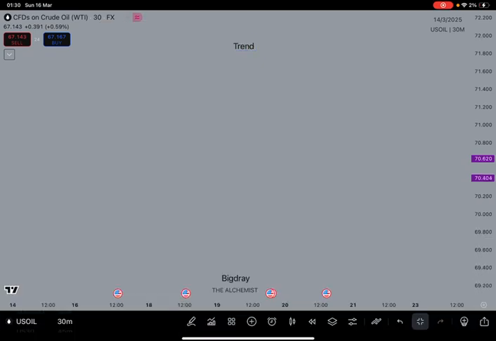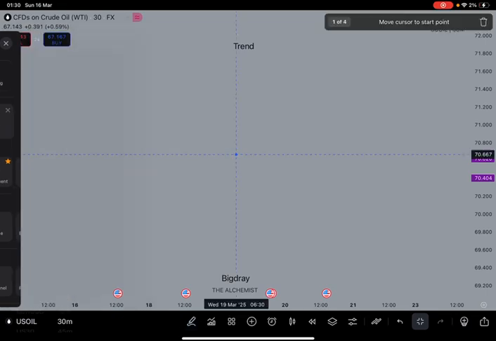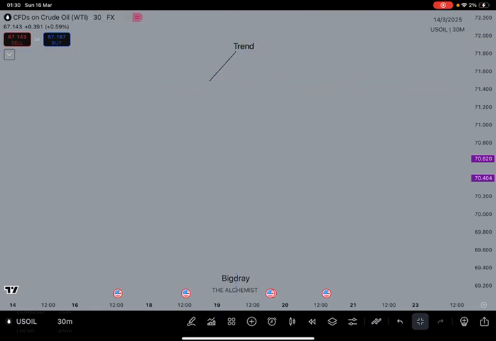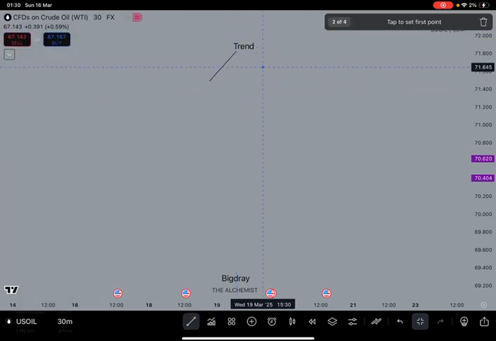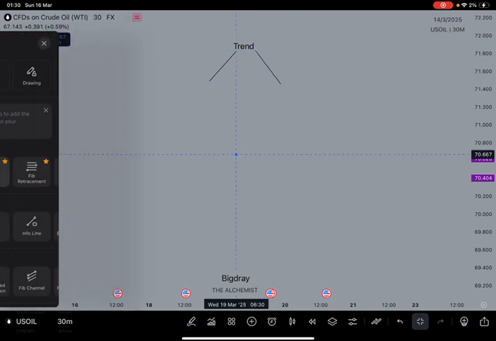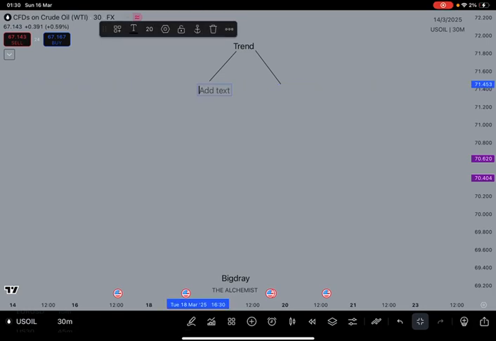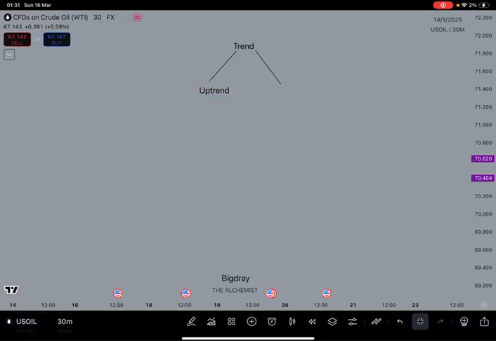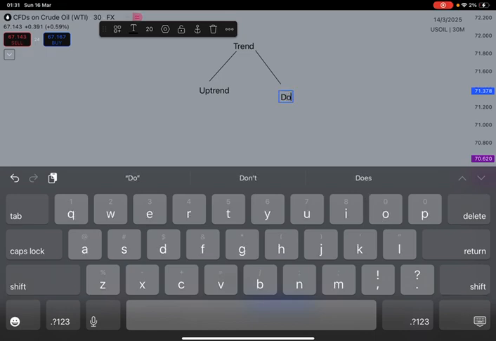Trend. So in this scenario, we have two types of trend, which is an uptrend and downtrend.